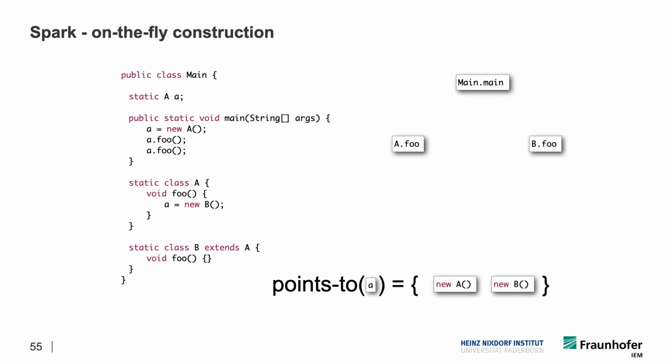And next we will be looking at b.foo as well. And then the analysis terminates there actually. So in the end, we will have this as our final call graph, and we'll have this as our final points-to set. And so through this construction, you basically get a call graph that contains all the methods and all their calls that are reachable from your program's entry point, and also the correct related points-to sets for all the variables.